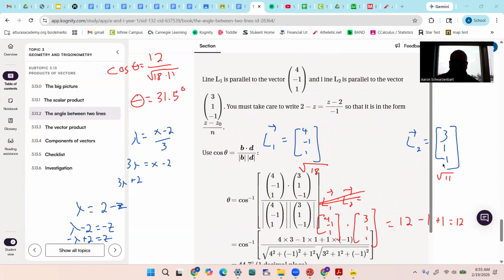I have a negative 1 here. Oh, I didn't use it there. I couldn't read my negative 1 when I did my dot product. That's a minus 1, so this is 10. 44.7.